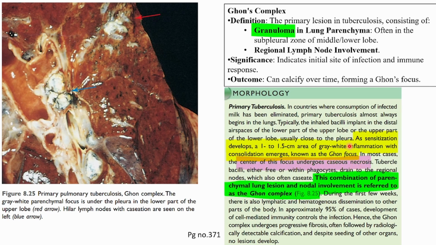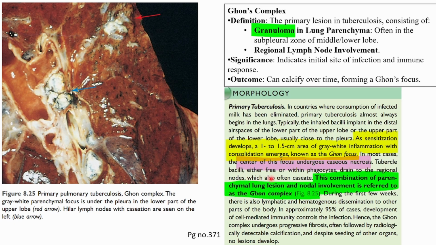As you can see here, it is white colored cheese-like material. In this necrosis the cells, the tissue, the defense cells, and even the bacilli are all dead at that spot, forming this white cheese-like material, which is the caseous necrosis.